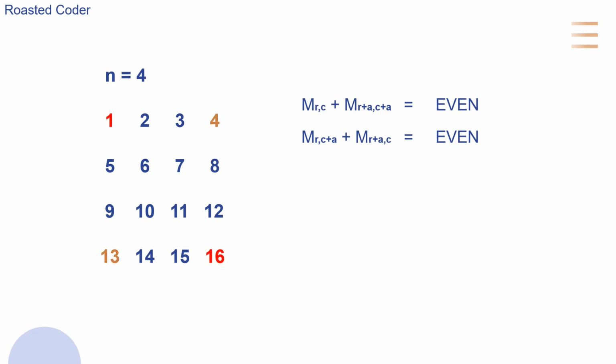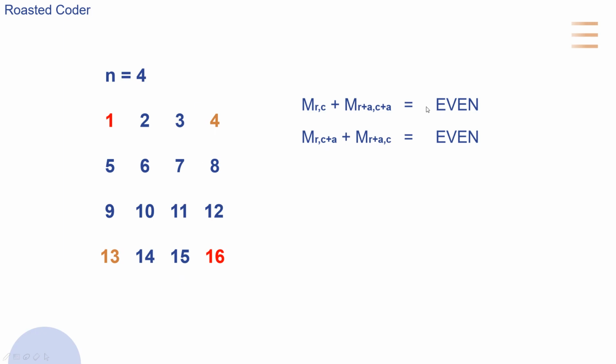Now let's apply these conditions on the whole 4 cross 4 matrix. 16 plus 1 is odd, so we have to arrange these elements such that this and this should be even, and some of these numbers are odd, so this is not satisfying these conditions. So we have to make some changes in this matrix to satisfy all these conditions.